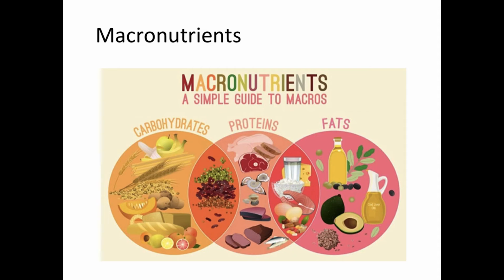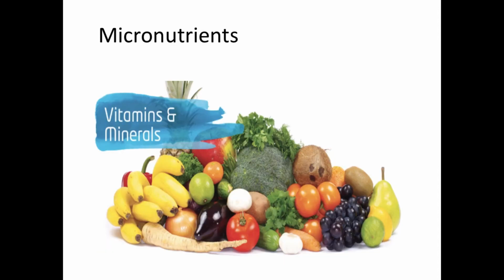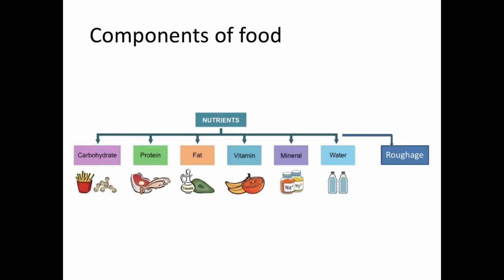The second group is micronutrients. Micronutrients are those which are required by the body in smaller amounts. So under micronutrients you have vitamins and minerals. Apart from macro and micronutrients, you do have water and roughage as nutrients.